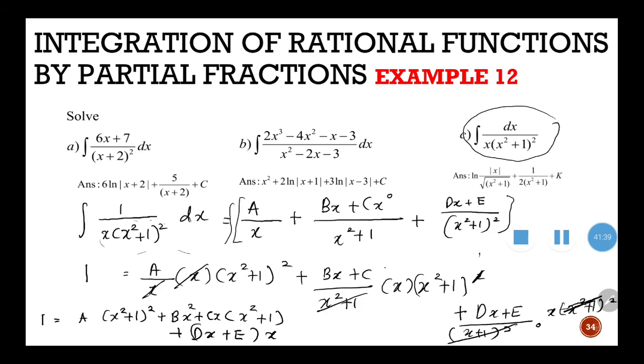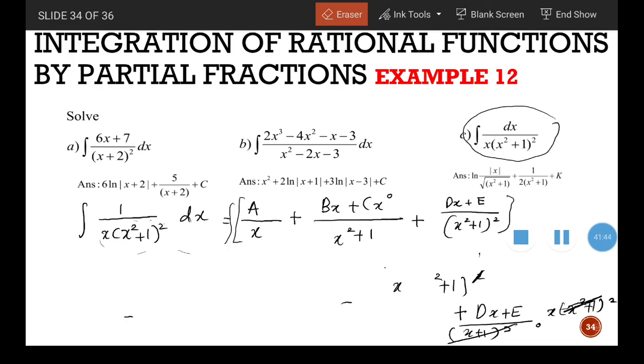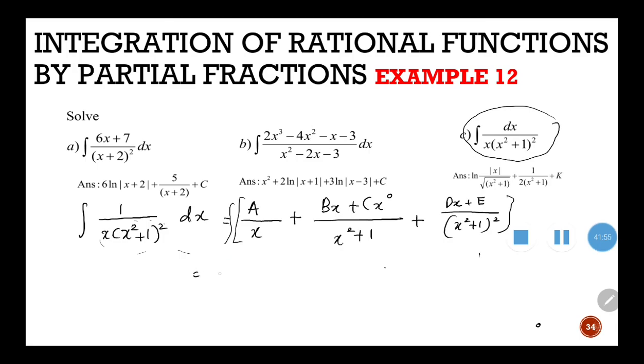So I'm going to erase some of this here. Now we know the value of A. What is A? A is 1 over x. What is B? B is minus 1, so it will be minus 1 minus x.